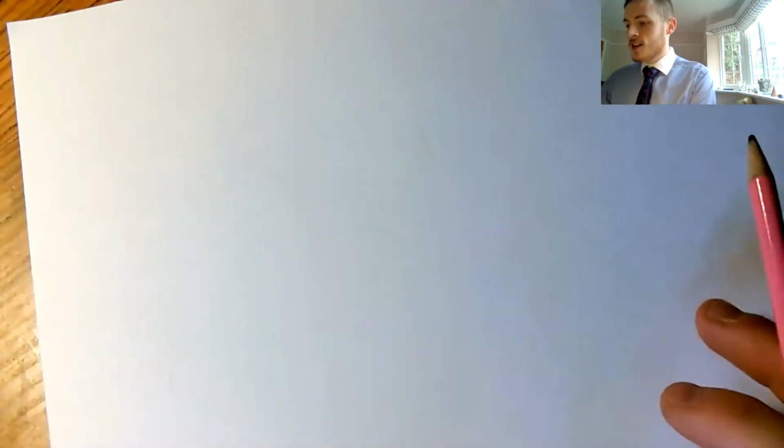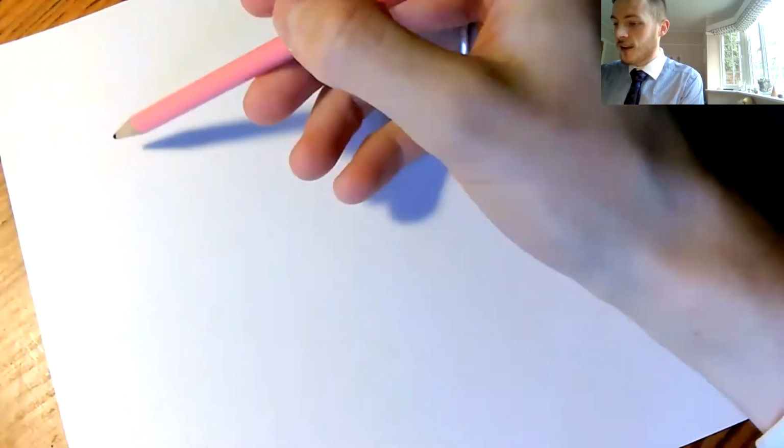Now what you're going to do is get a sheet of paper, which I've got just here, and you're going to draw your item. I'm thinking about a rocket, so I'm going to think about how I'm going to draw the booster down here, the bottom of my booster.